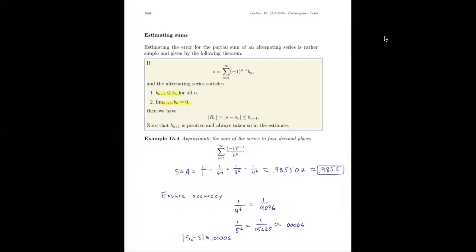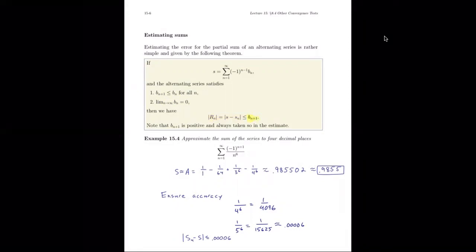Okay, so in other words, it's a convergent series. Then we can approximate its error in an estimate. So we can estimate the sum with S sub n, and then what we'll know is that the remainder, or the error, is less than or equal to b sub n plus 1.